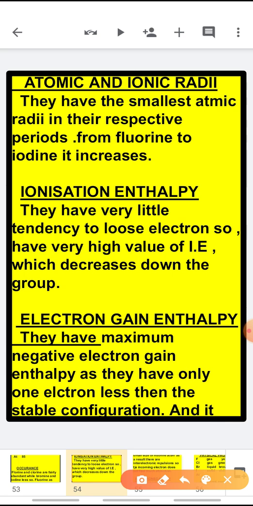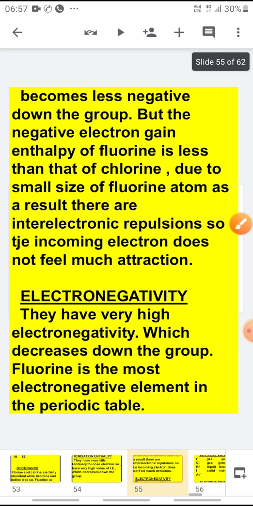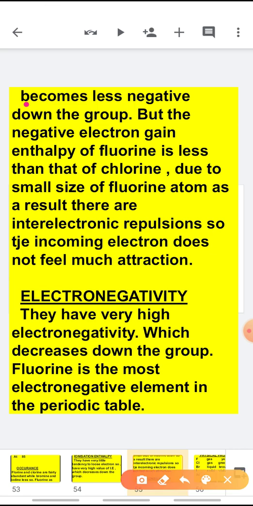Now they have only 1 electron less than the fully filled configuration, so they have maximum negative electron gain enthalpy. That means when they get 1 electron, they accept the electron and give out a lot of energy as they become stable. The electron gain enthalpy becomes less negative down the group. But there's an exception.